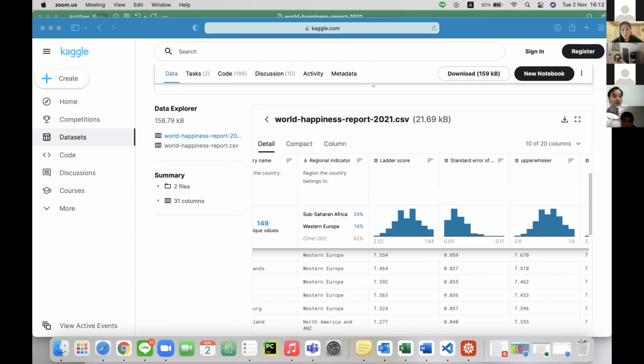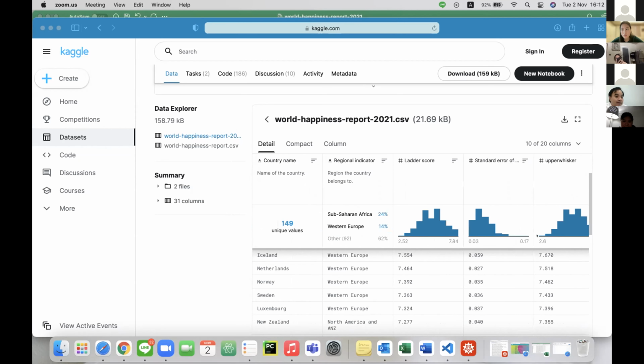Presumably, 19 of them are measurements, and the final score is a scoring, right? Now, what you should do, first of all, obviously, the most obvious question when people read about this project would be, hey, how is the happiness report calculated? Now, you're not trying to repeat the calculation.